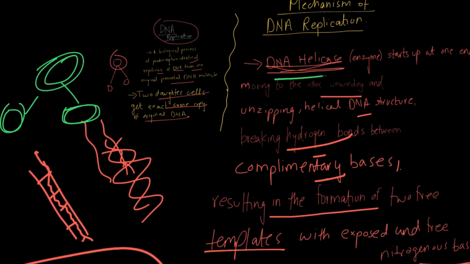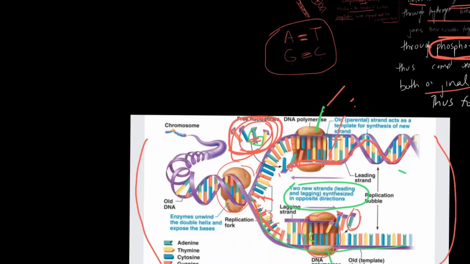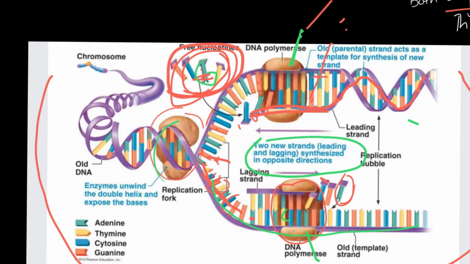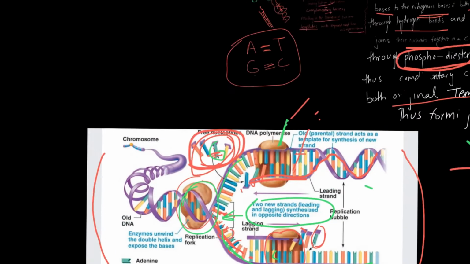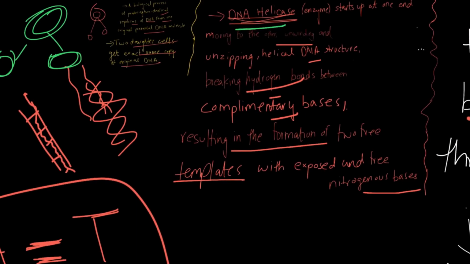First it starts off with the DNA helicase enzyme. If you go to the diagram right here, the DNA helicase, which is this guy, starts off from here. It unzips and unwinds, exposing the two free templates with nitrogenous bases. So what it does is unzip the helical DNA structure, breaking the hydrogen bonds between complementary bases.